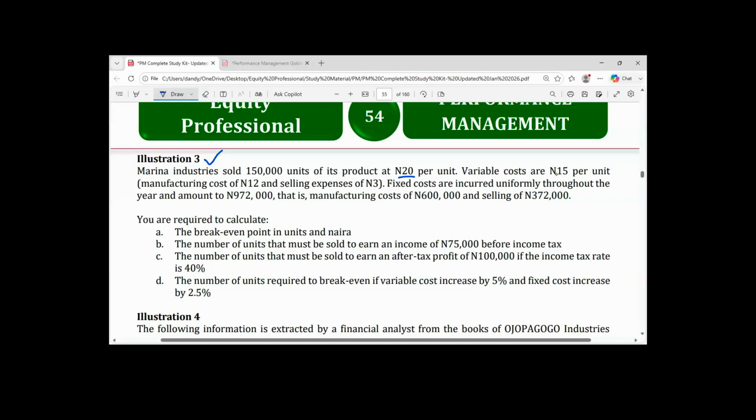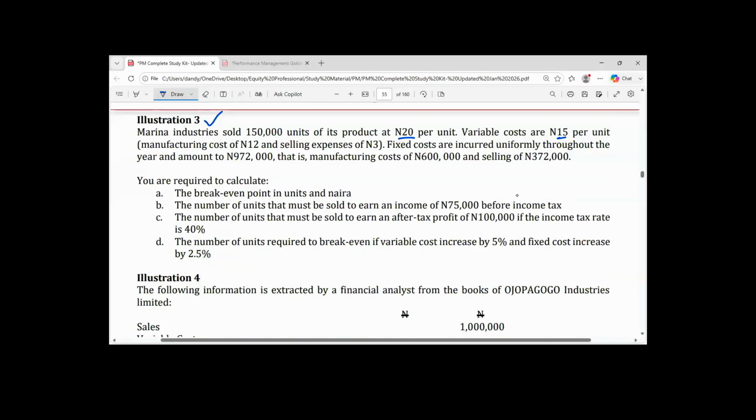972,000 naira. That is manufacturing cost of 600,000 and selling of 372,000. You are required to calculate A, the break-even point in units and naira. B, the number of units that must be sold to earn an income of 75,000 before income tax.